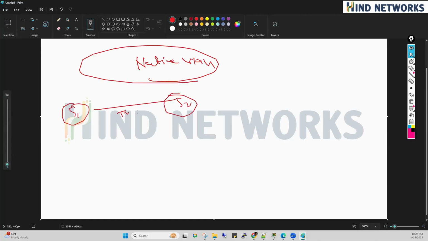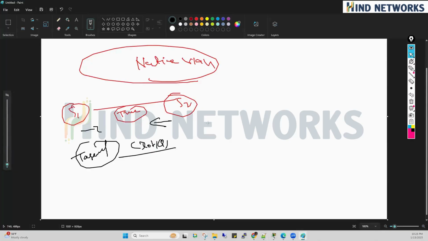If this is the trunk link, it means whatever traffic you are exchanging over the trunk link, every traffic will be tagged. Yes or no? Because you are using 802.1Q. Everyone tell me yes or no. Right now, yes, that will be tagged.